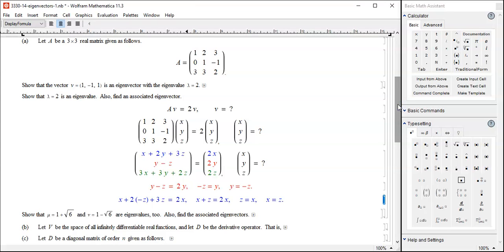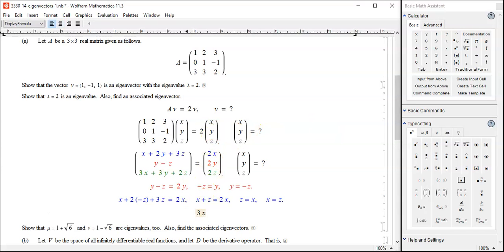Okay, how about the third line? Let's go ahead and check. Put everything here. 3x plus 3y plus 2z equals 2z. And then x is equal to z, and y is equal to negative z. And then if you solve everything, what do you get? 3z minus 3z cancel out. 2z equals 2z.